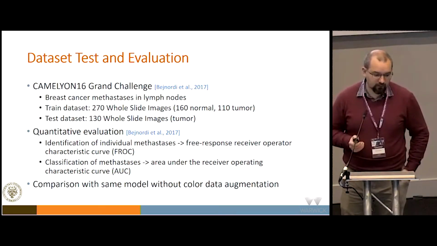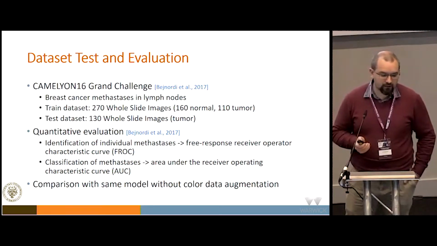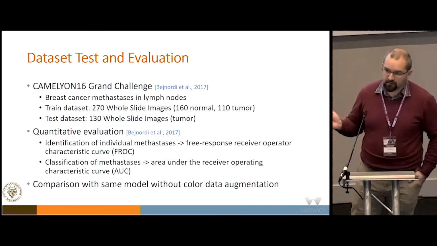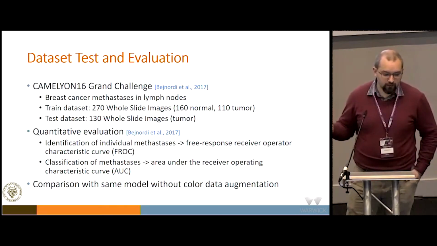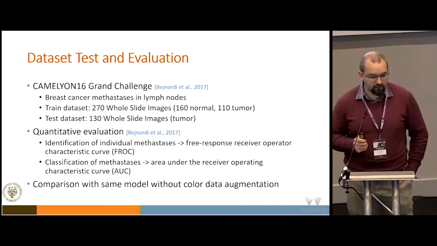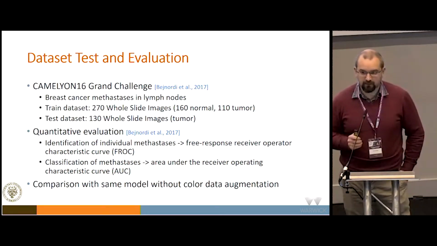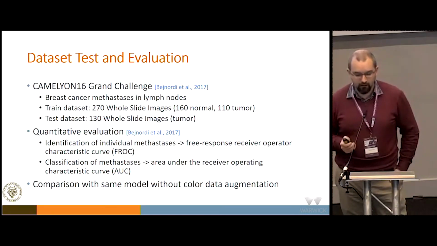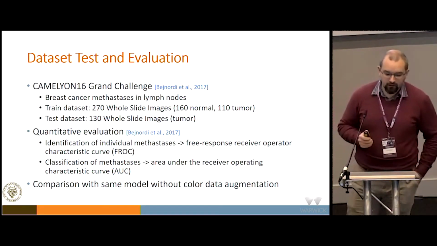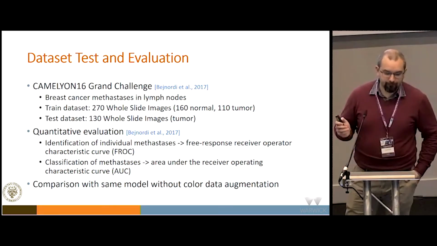The evaluation was also taken directly from the Camelyon challenge: the identification of individual metastases with a FROC value, a free-response receiver operating characteristic curve, and the classification of metastasis was evaluated by the AUC curve.